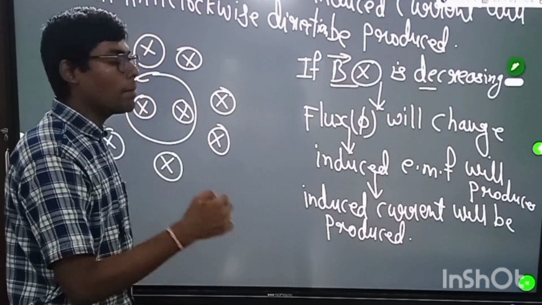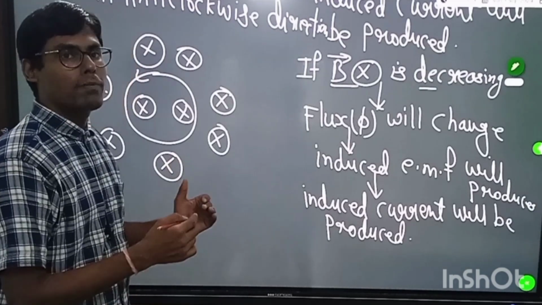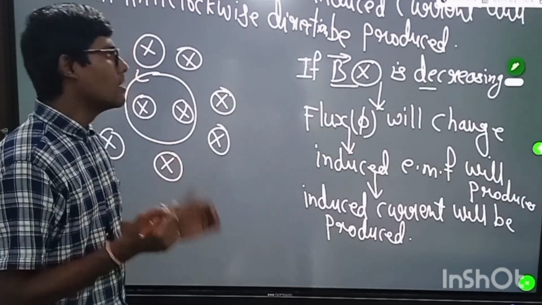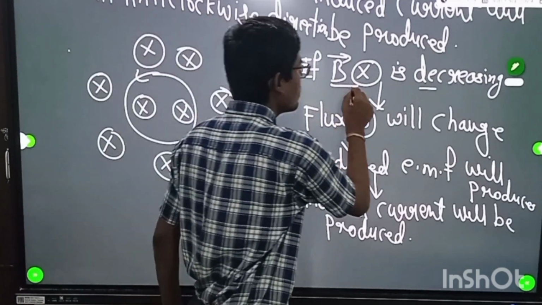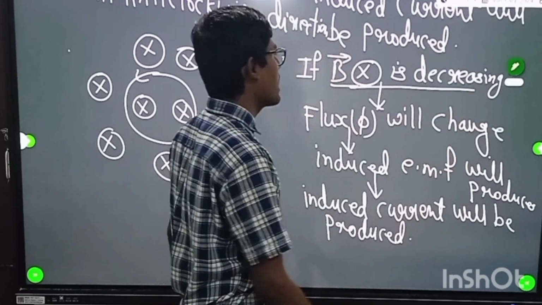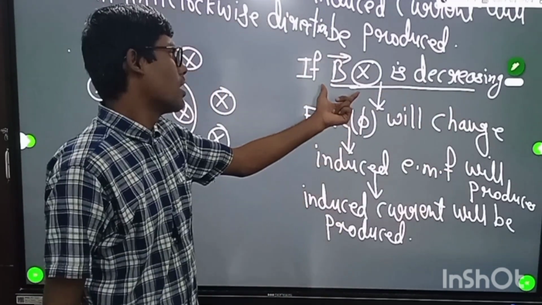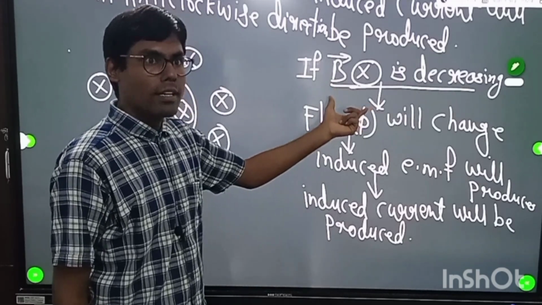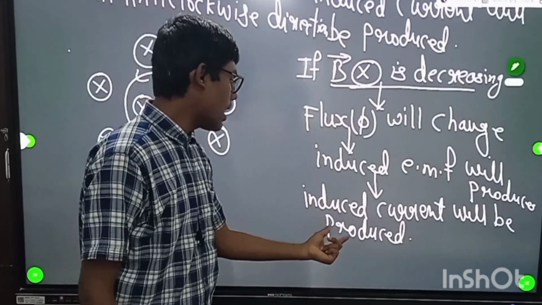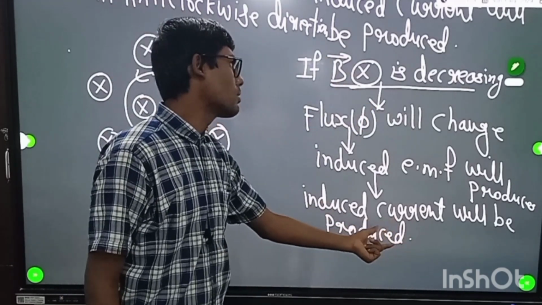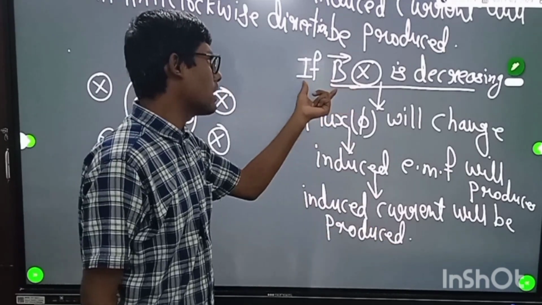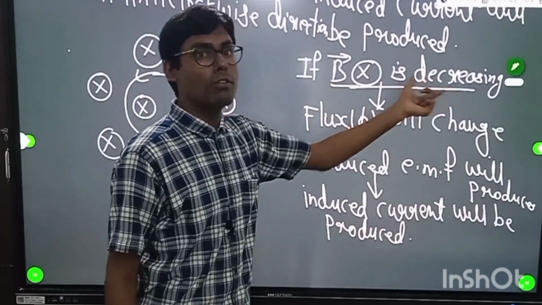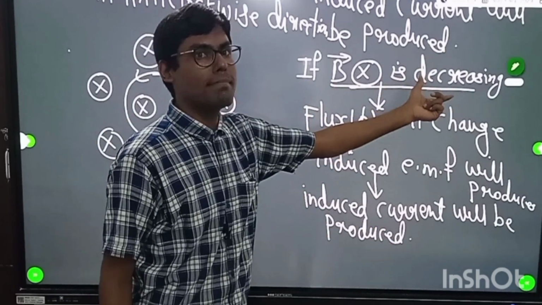Induced current will flow in such a direction that it will oppose this decreasing magnetic field. Here, what is the cause? The cause is the decreasing magnetic field. This is the cause due to which the induced current has been produced. So it will oppose the decreasing magnetic field. It will not support it.